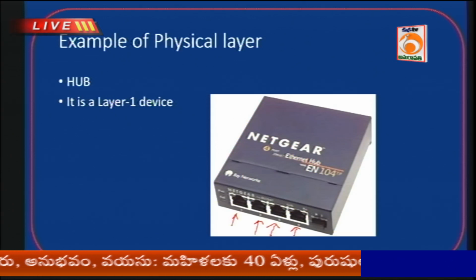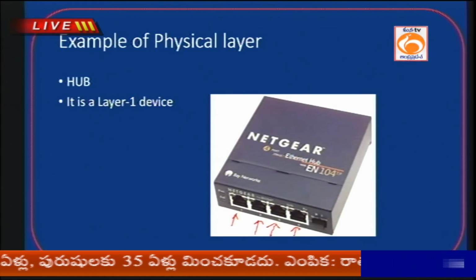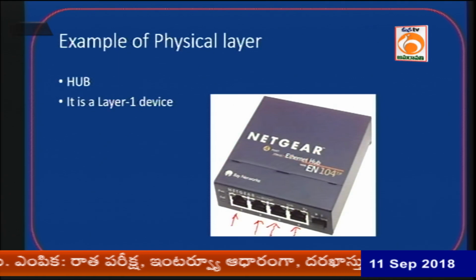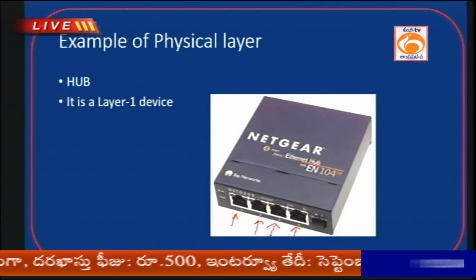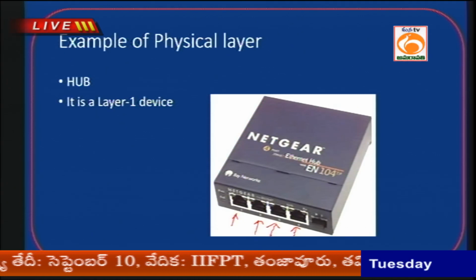You send data from computer A to computer B, but this device will forward this message to all other devices connected to that particular hub. Whereas a switch is an intelligent device and it will send data only to the designated computer. So, it is intelligent.